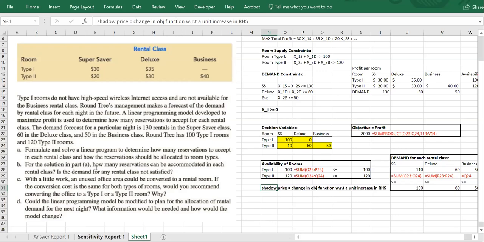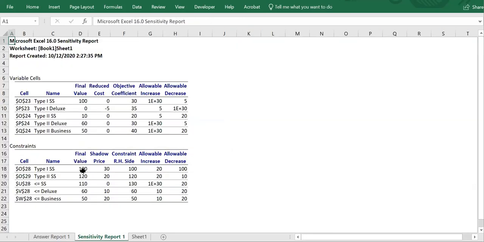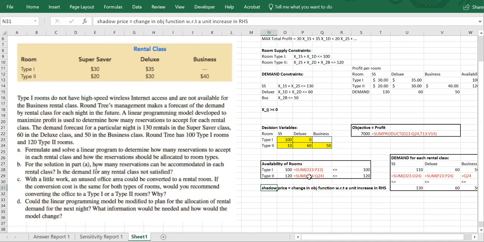And now if I go back to my sensitivity report here and look at my availability for type 1 and type 2 rooms, the availability constraint, the names are not coming up perfectly. You may want to rename these. So type 1, why is it called SS?